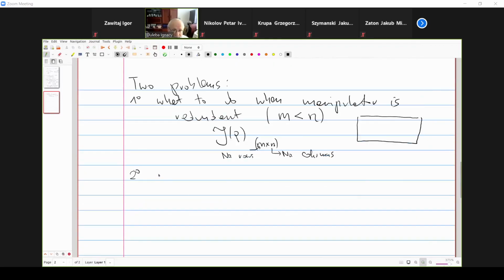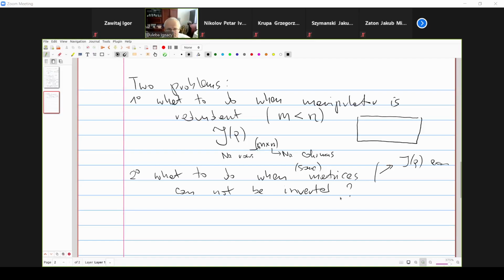So what to do when, let's say, some matrices, let's say J, for example, cannot be inverted. So the two problems should be solved.